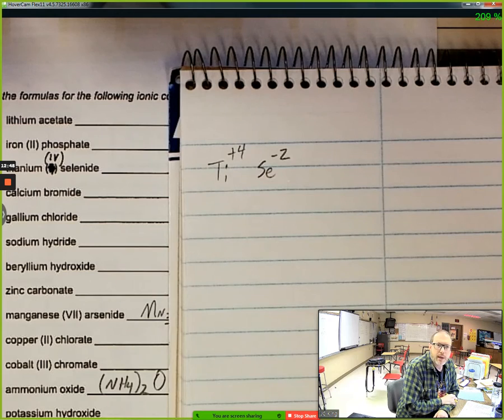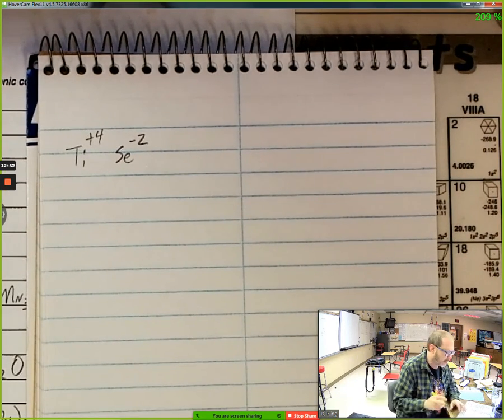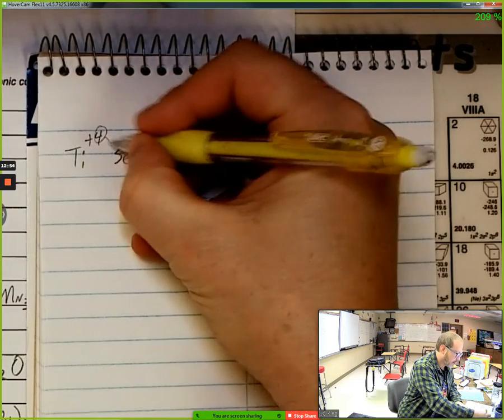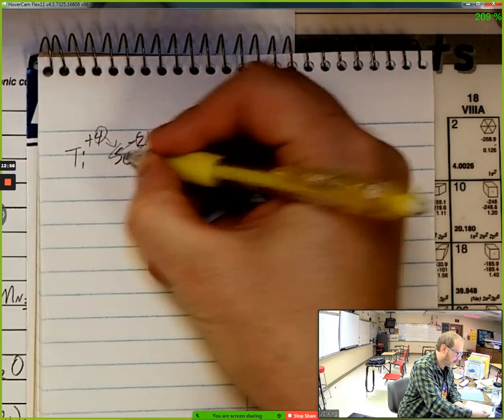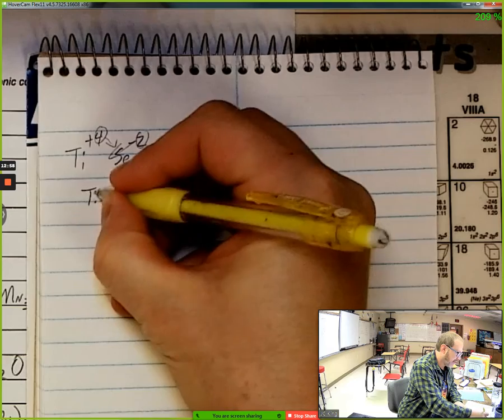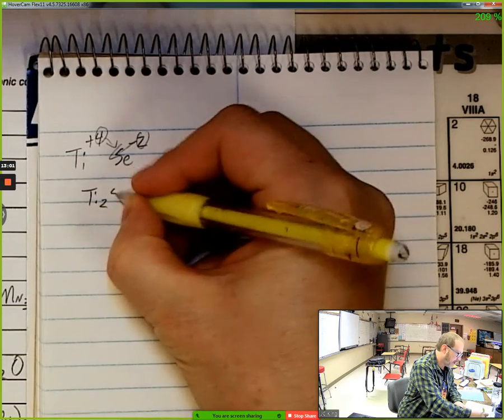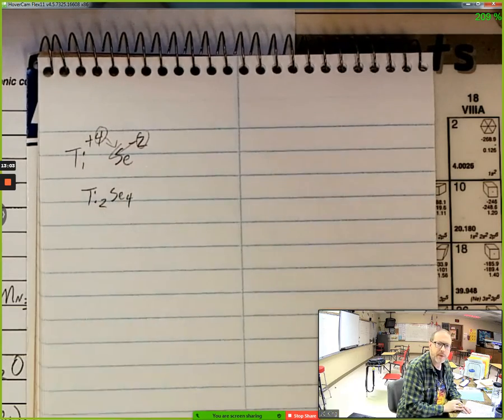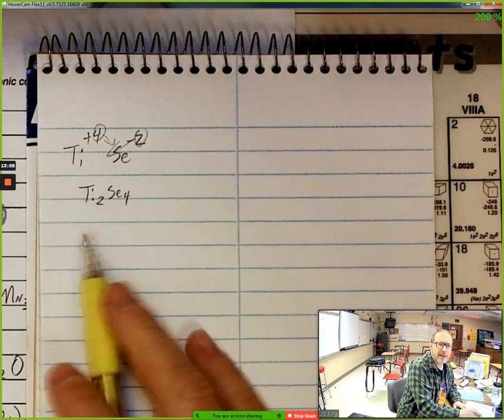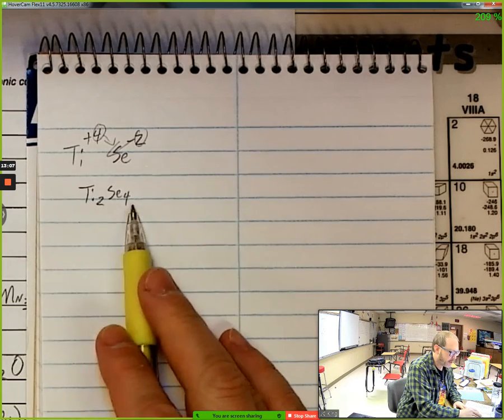Okay. Looking at this both ways, let's look at it using the crossing over trick first, which means I'll cross the 4 down there and cross the 2 down there. So I'd have Ti2 Se4. Now, can I reduce that ratio of 2 to 4?